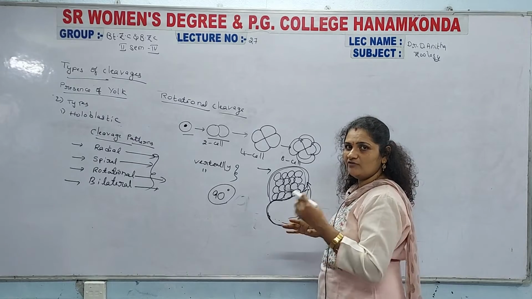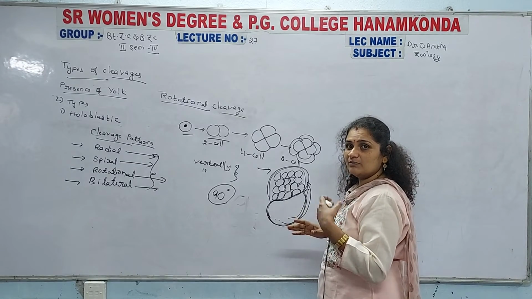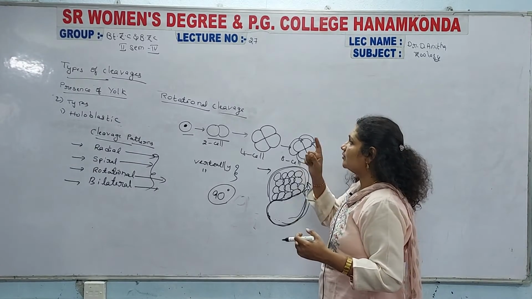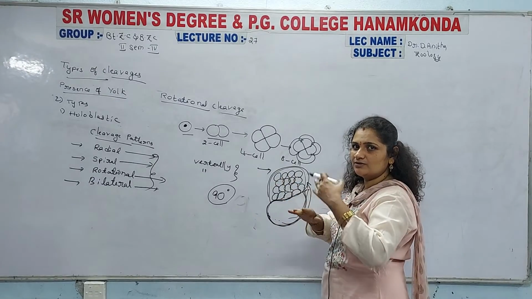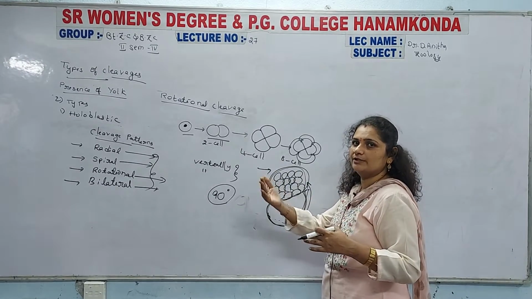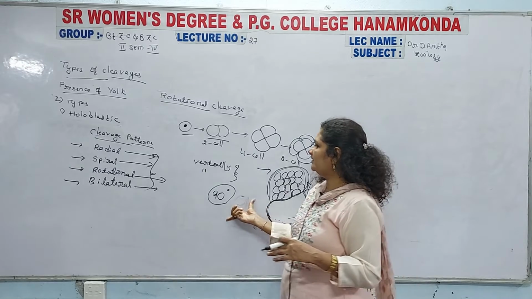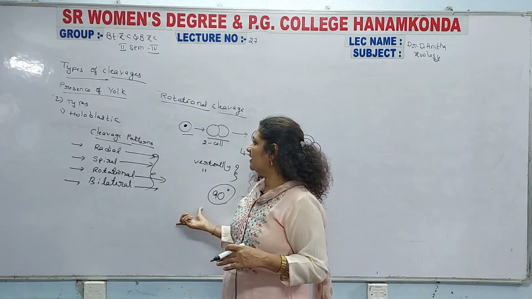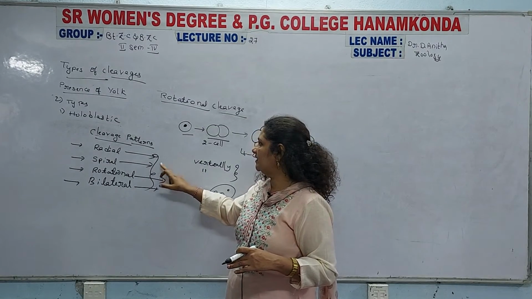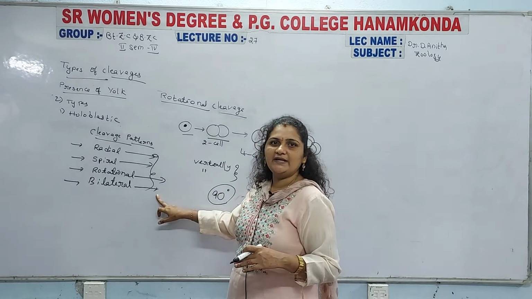So such a cleavage pattern is considered here as a rotational cleavage, rotated, moved completely by 90 degrees of angle. It is completely different from the radial cleavage, spiral cleavage, and the bilateral cleavage.